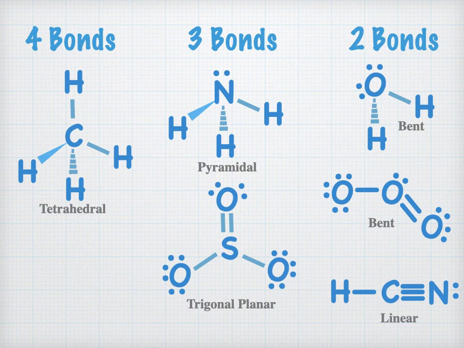How many bonds do you have, and then are there unshared pairs or not? Or you can look at electron domains and how the number of bonds reflects with the electron domains. Either of those things should help you figure out a 3-dimensional shape from a dot structure, and that's the overview of VSEPR, or valence shell electron pair repulsion theory.